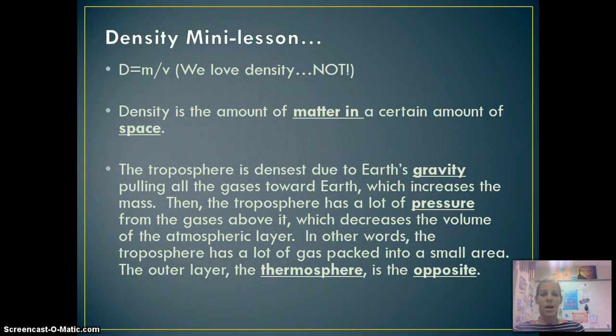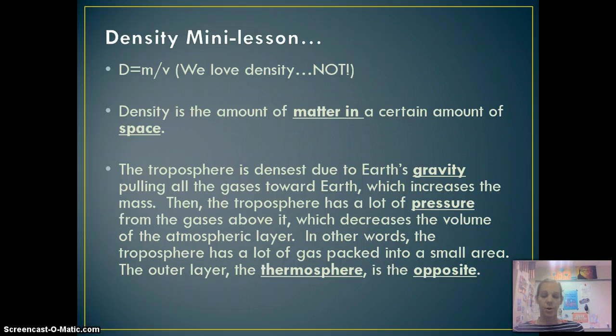So like we said, the troposphere is the densest of all the 4 layers of Earth's atmosphere. And this is due to 2 reasons. One of them affects more of the mass and one affects more of the volume. Gravity is pulling down on the gases in the atmosphere. So a lot of the gases actually exist closer to Earth. And not only that, but we have a lot of cycling gases.